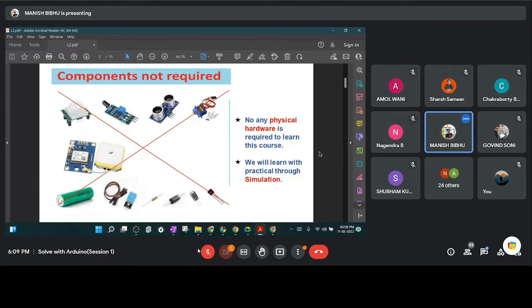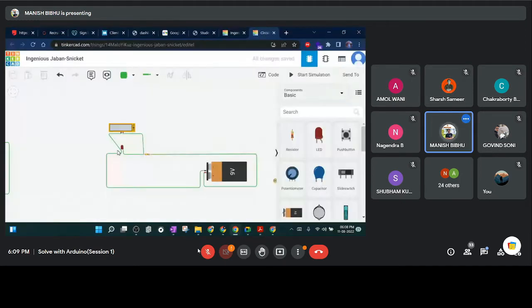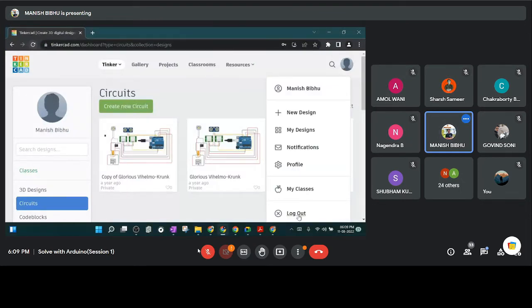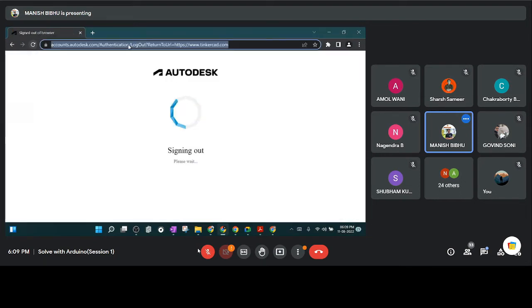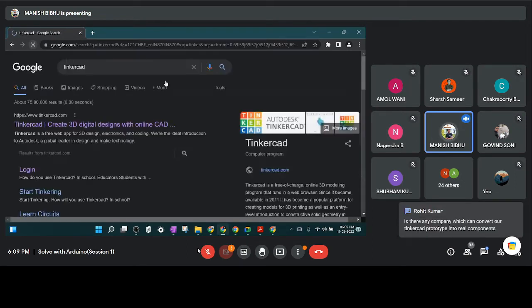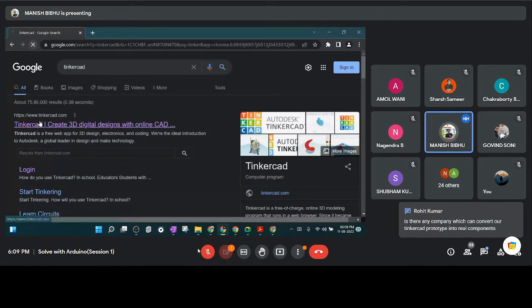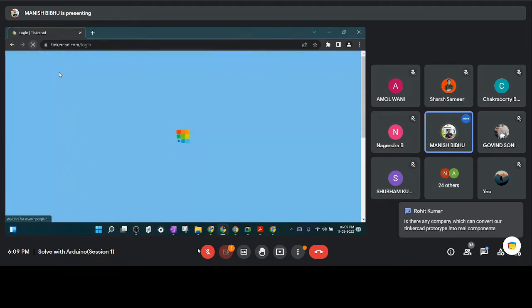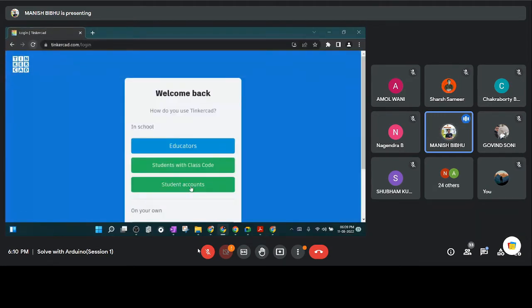So everyone, sign up on that. I will show you. Okay, see the screen. First of all, search for Tinkercad on Google. Then this is the website for Tinkercad, tinkercad.com. Log in with a student account.